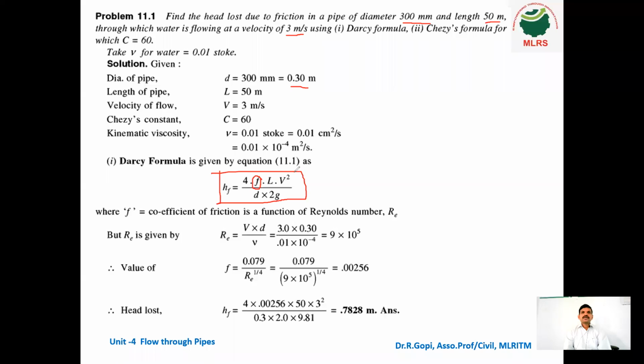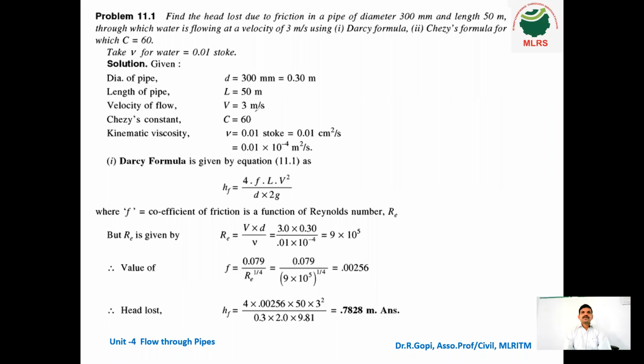So how to find that f? For that f, we need the Reynolds number formula. For the Reynolds number, we already know Re is equal to V into D divided by the kinematic viscosity. This is the formula. Now all the values you know.